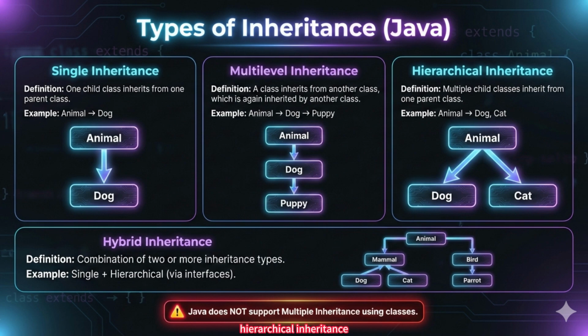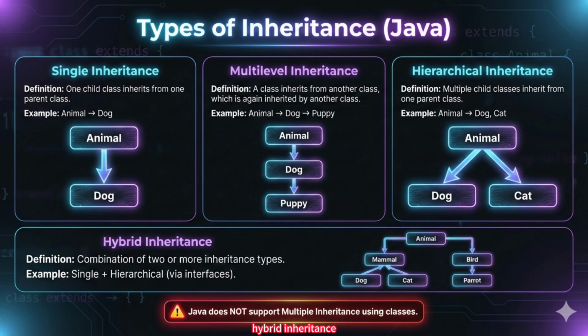Hierarchical inheritance. In hierarchical inheritance, multiple child classes inherit from one single parent class. Example: animal-dog, animal-cat. Here, dog and cat both inherit from animal, but dog and cat are not connected to each other.